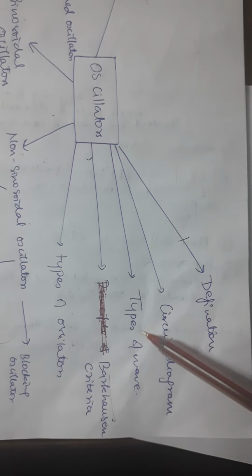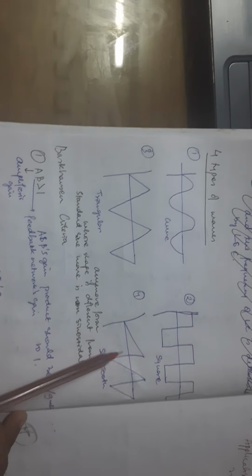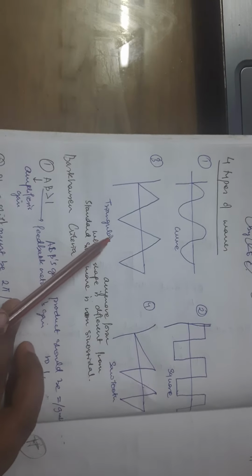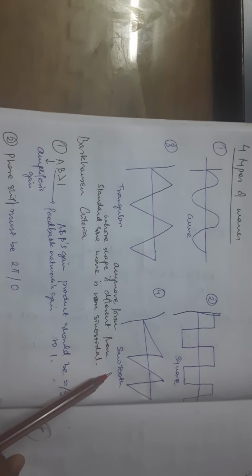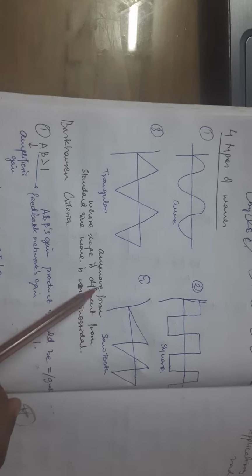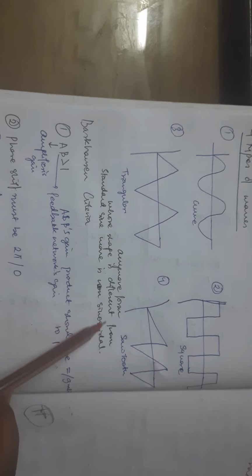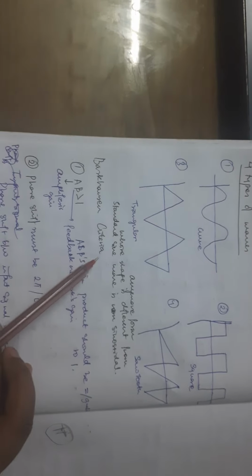Next, we are going to talk about types of wave. So these are the 4 types of wave: sine curve, square, triangular, sawtooth. Any form whose shape is different from the standard sine wave is non-sinusoidal.